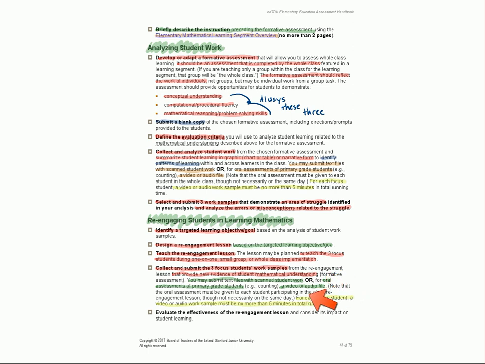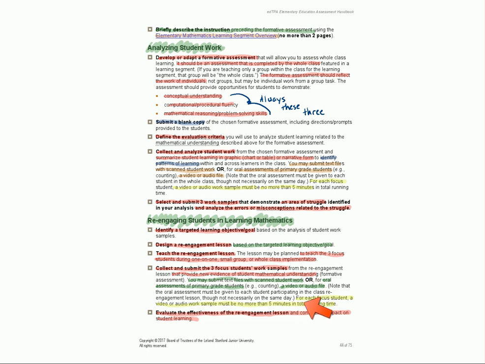And then there's a description of how you might submit this work. If you add audio or video for that work, remember, for each focus student, video or audio work sample must be no more than 5 minutes in total running time. And then, importantly, this is one of the essential things for this task, you want to evaluate the effectiveness of that re-engagement lesson and consider its impact on student learning.